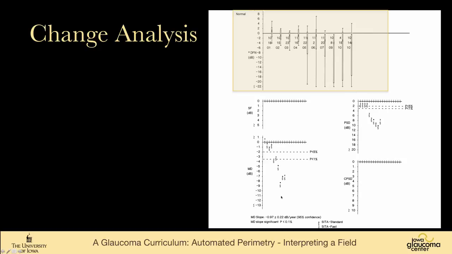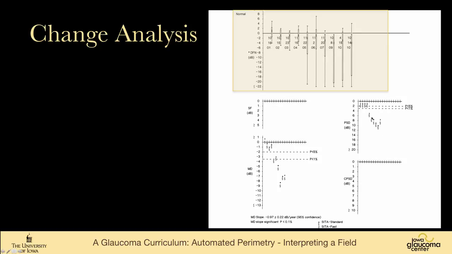But I do like the mean deviation. This is just center weighted average followed over time. You can see this patient is getting worse. This is the same patient that we showed all those fields across the page. So his overall average field is getting worse, and he's developing more focal loss. So you can see here, very stable, and he started to develop this focal loss.